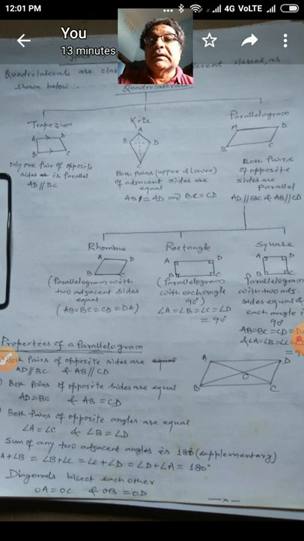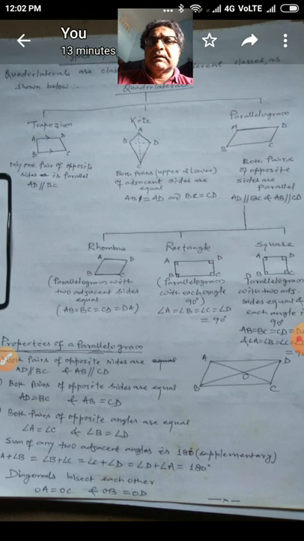Okay, students. Now come to the classification. You know, if anything, when its number becomes more and more, the classification is needed. Since quadrilateral, which is a four-side closed figure, no doubt, is of different types.